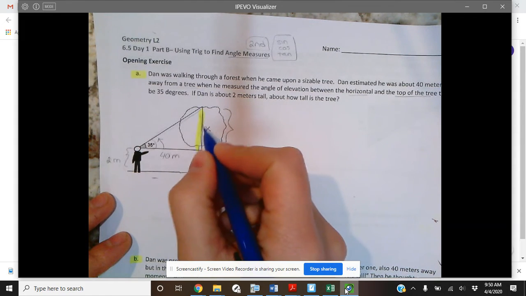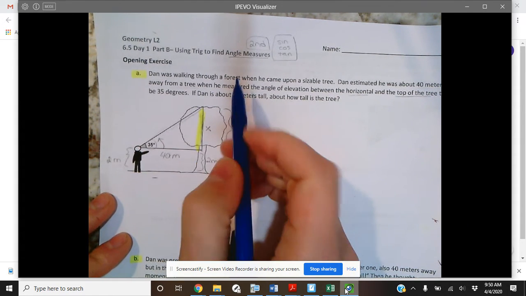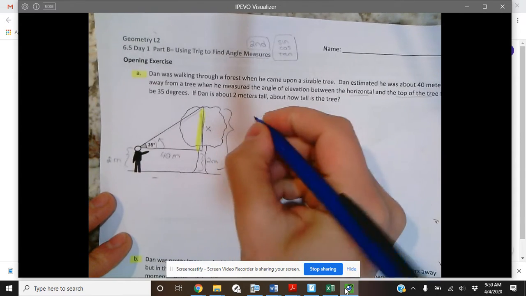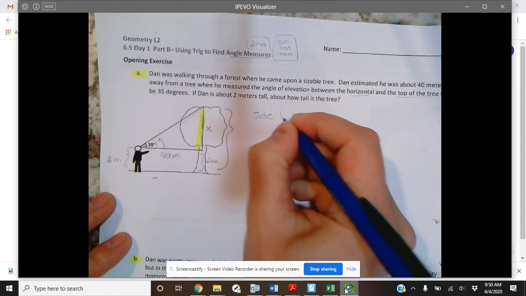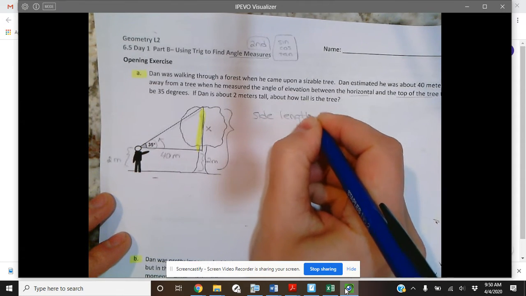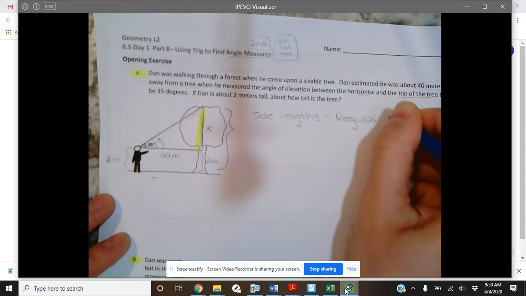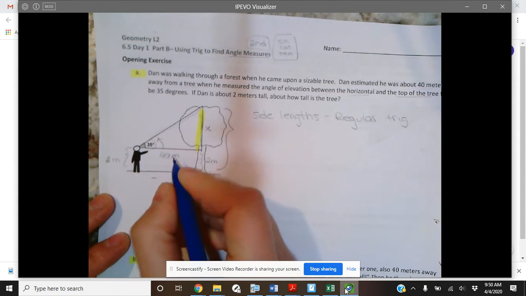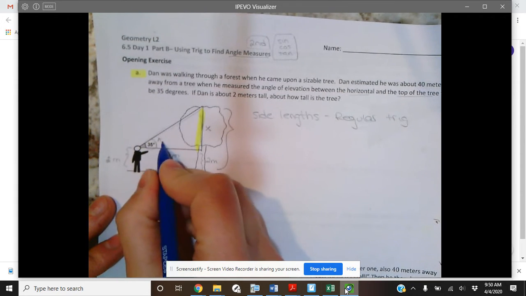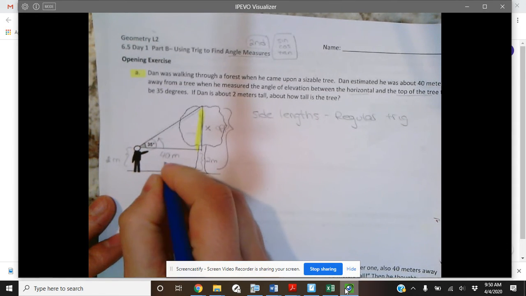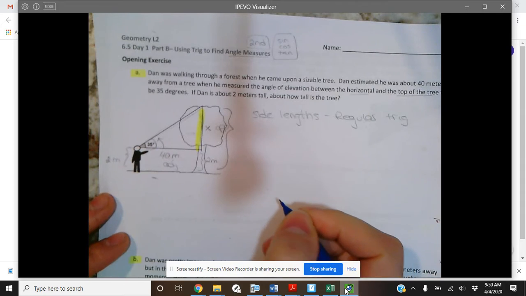Now, because we're finding a side length, we are not going to be hitting second. We're just going to be doing regular trig. So for side lengths, we do regular trig. All right, so here's the angle of reference. X is the opposite side. 40 meters is the adjacent side.